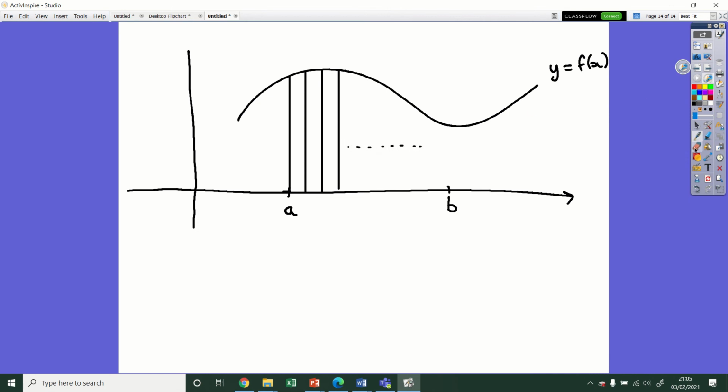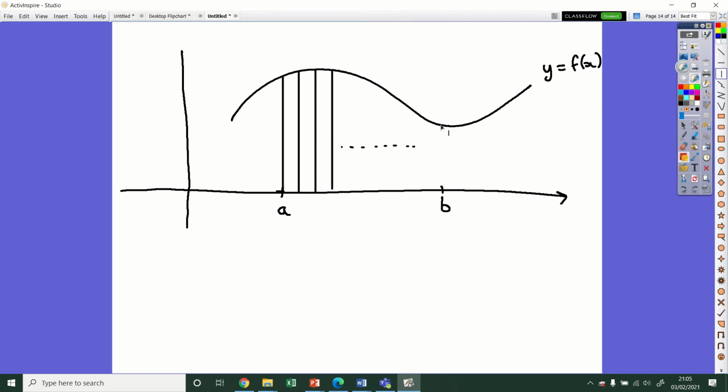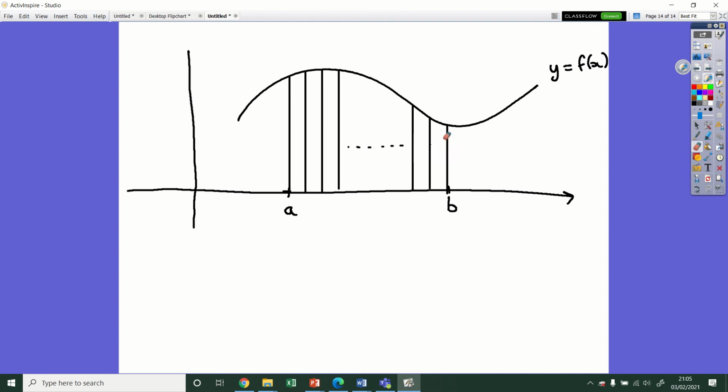And then the final couple. Great. Okay, let's pretend that these are equally spaced, and then they've got their tops joined with straight lines. Straight line, straight line, straight line, all the way across to the end there. Straight line, straight line. Perfect.